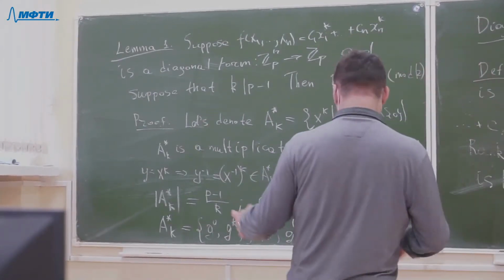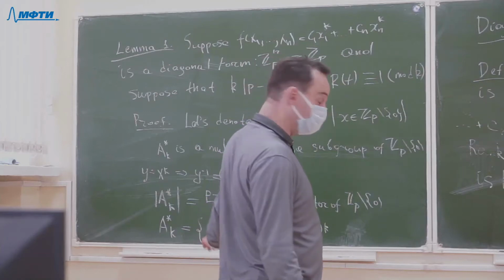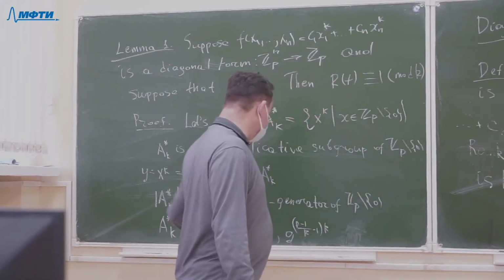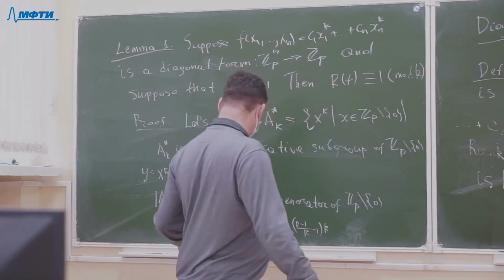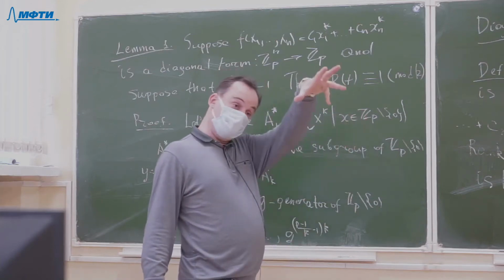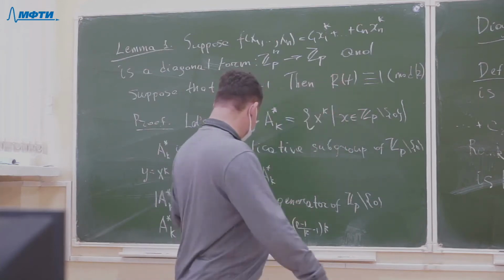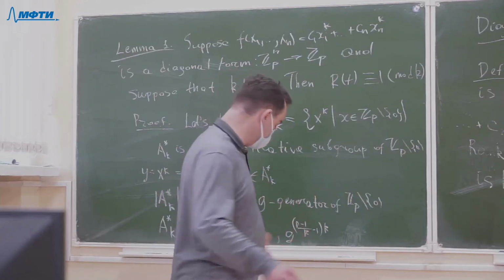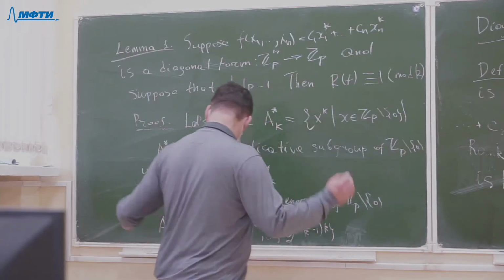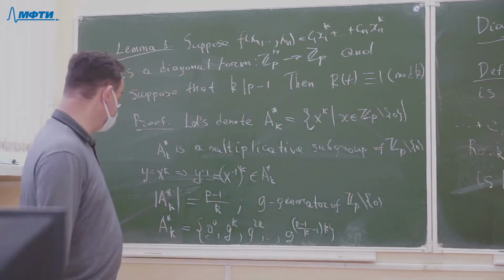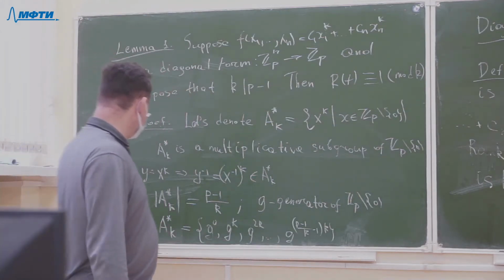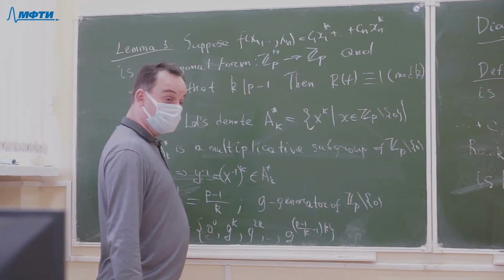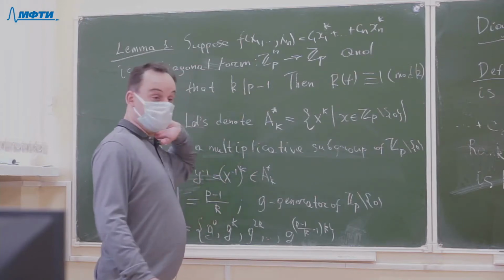So we start repeating. All these elements are representable in the form of some element to the kth power. All the other elements are not representable, but I won't prove it. Let's use it. So that's why the cardinality of AK star is p minus 1 divided by k.